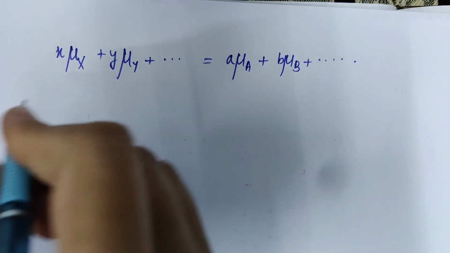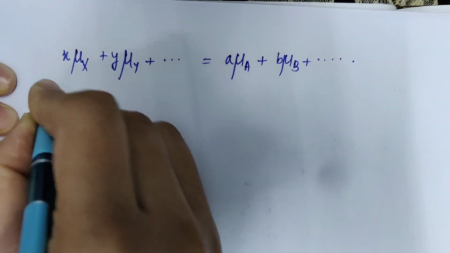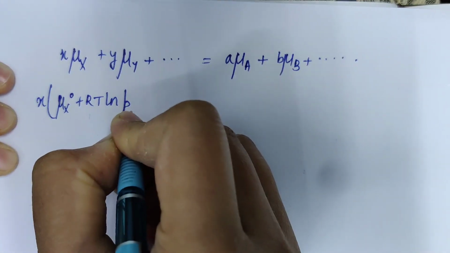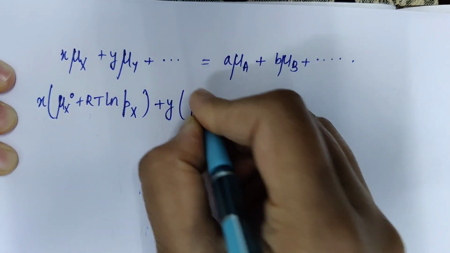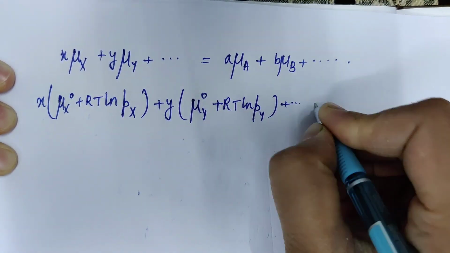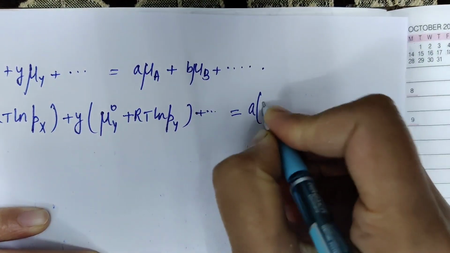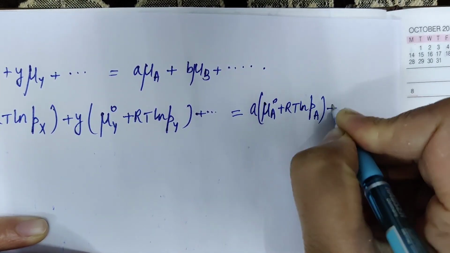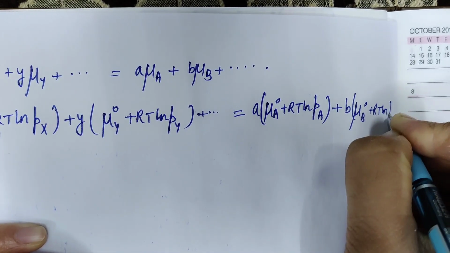Now if I put in these values, this equation will become x into mu x naught plus RT ln px plus y mu naught of y plus RT ln p of y plus so on is equal to a of mu a naught plus RT ln p of a plus b into mu b naught plus RT ln of pb.